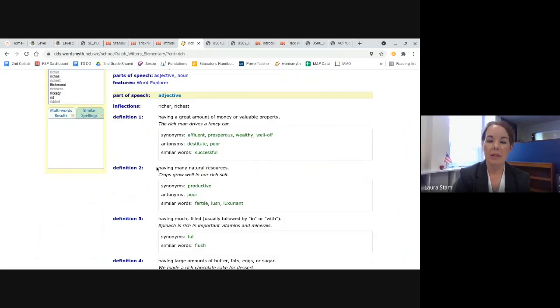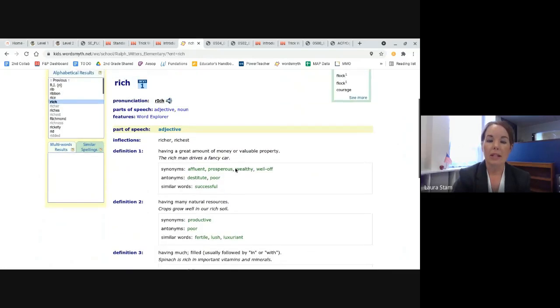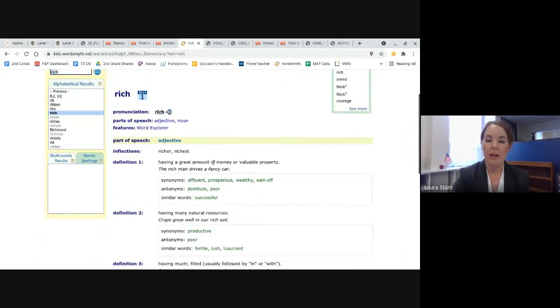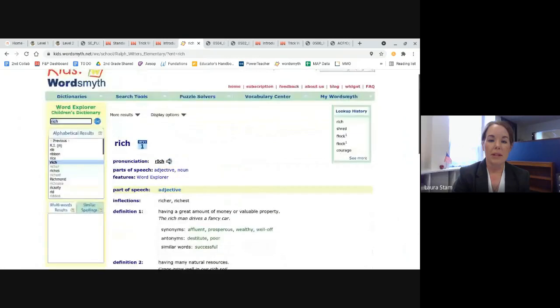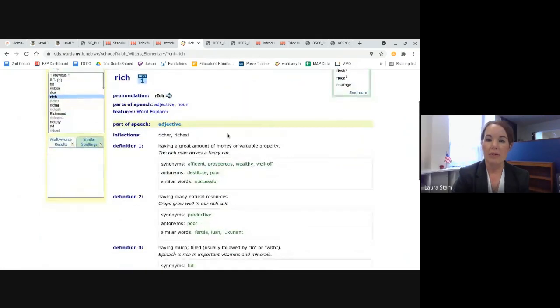And then one that's really obvious is that you have a lot of money or valuable property. So that's one of the several definitions of rich.